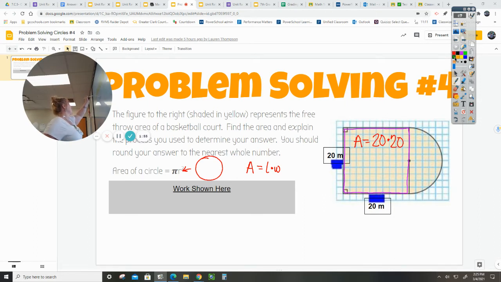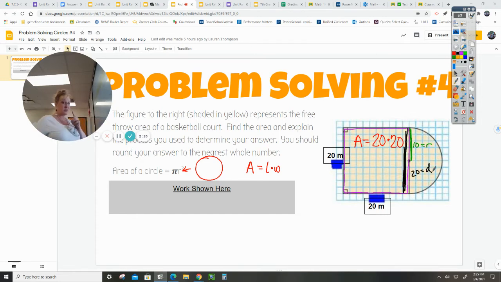Pick a color we can read, I hope. If I know all the way across is 20, that means this has to be 10. So the radius is 10, or the diameter is 20.